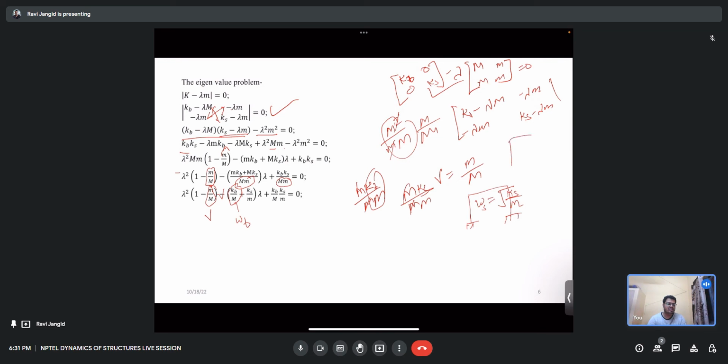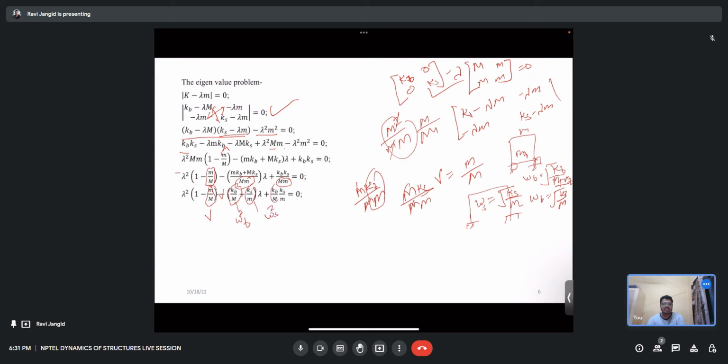And for the base isolated structure, in which this is m and this is mb, omega b would be kb by m plus mb. And what is this? This is our total capital M, omega b divided by kb by capital M. So that is replaced with omega b square, and that is replaced with omega s square.